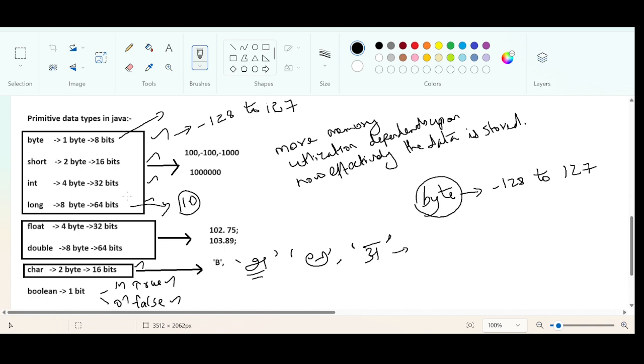If you want to store any values that range between -32,768 to 32,767, you can go for short. Likewise for integer, and it keeps increasing.